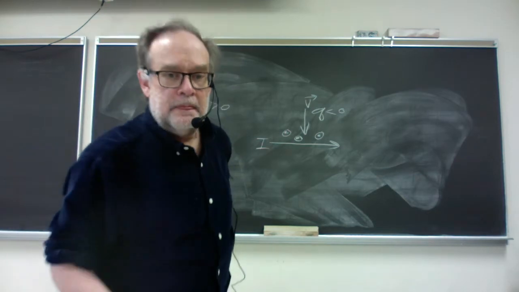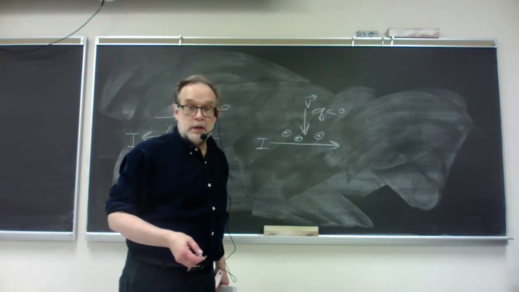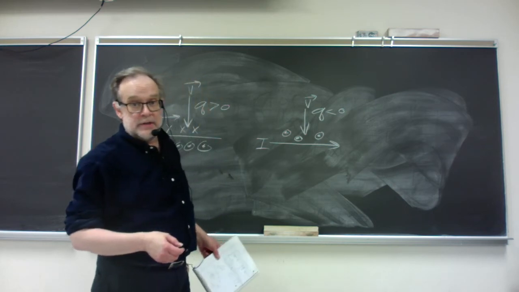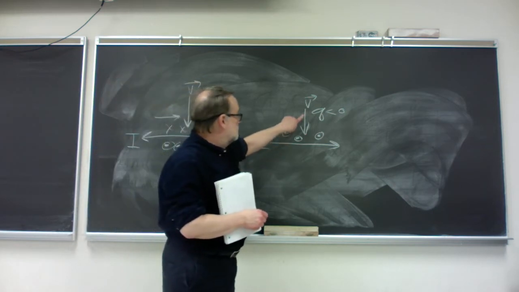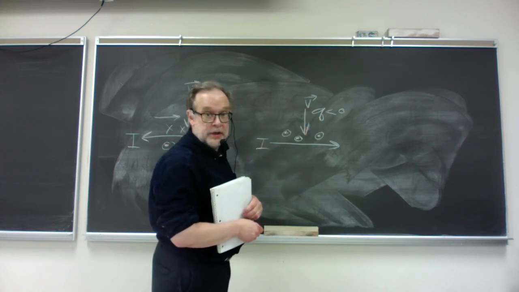And then, of course, the field would point the opposite direction on the bottom, below the wire, but that doesn't matter here because this particle's feeling this field, not the field down here.